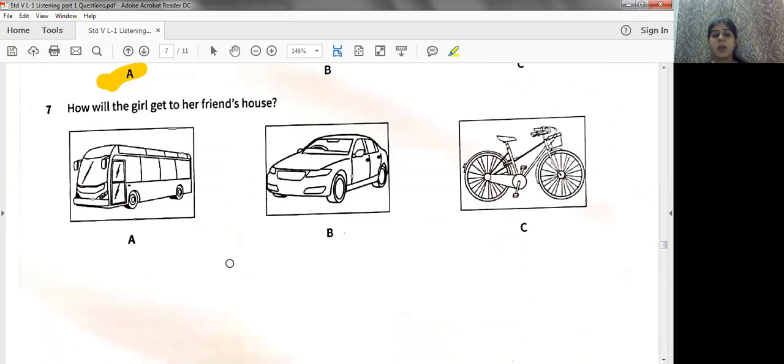Then she says that boarding a big bus is very difficult. And then she says that the father is going to come and drop her by giving her a ride. So the correct option is B.